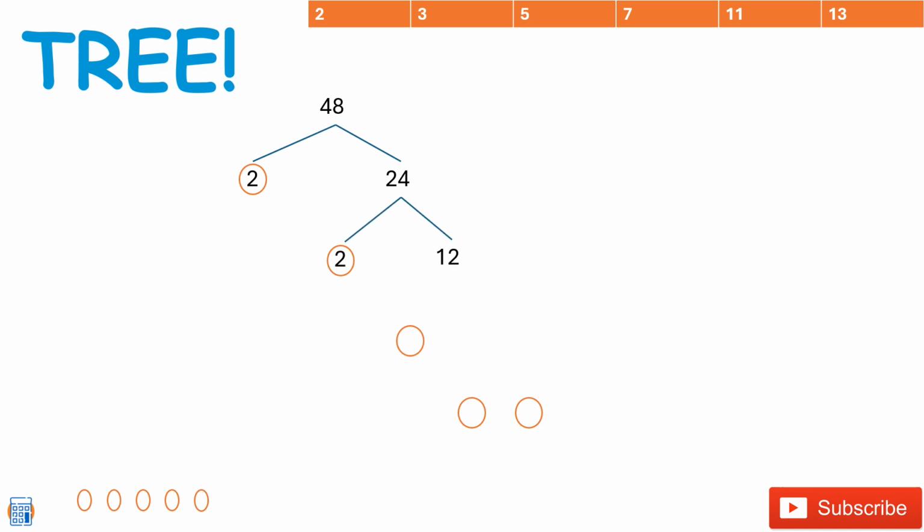It's 2 again, 2 times 12. Same thing for 12, it's 2 times 6. And the same thing for 6, it is 2 times 3. So as you can see, I've circled all of these prime numbers. Any number that appears at the top, I've circled it. And then if you look at the bottom left here, if you times all of them prime numbers together, you can even check it on a calculator, you will get 48.